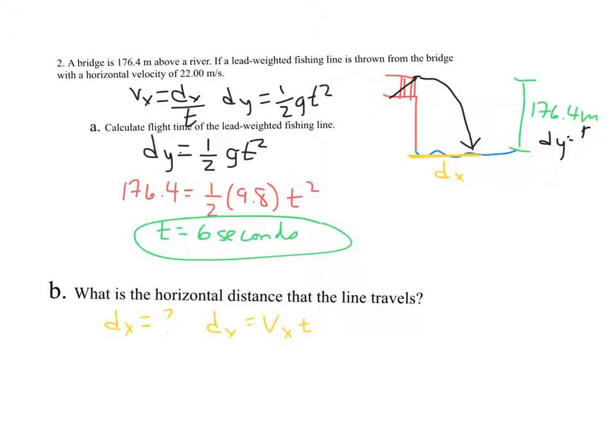They gave us this nice piece of information, the 22 meters per second. So all you need to do is plug in 22 meters per second, multiply that by the time, which we found was 6, and you will end up getting 132 meters.